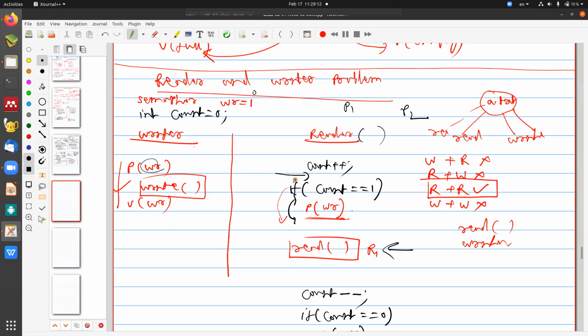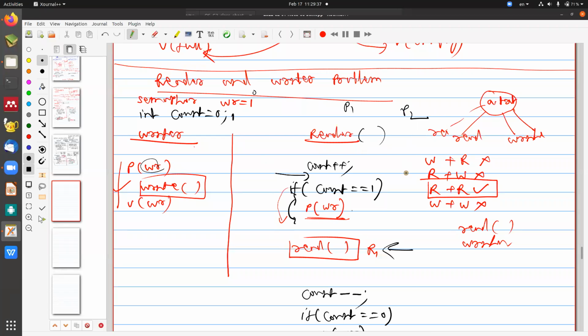Then what happens? The first reader enters and makes the count 1. After that, the context switching happens. When it happens, there may be a writer, or there may be another reader. If a writer comes, he may enter here, but we are not considering that now.